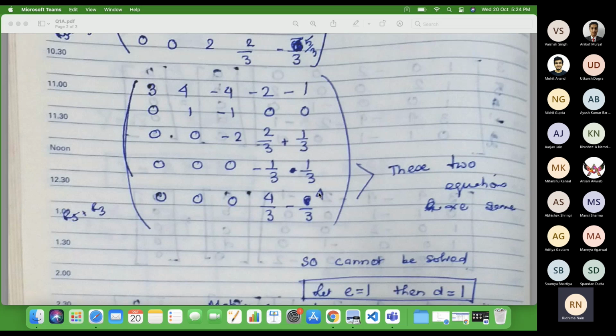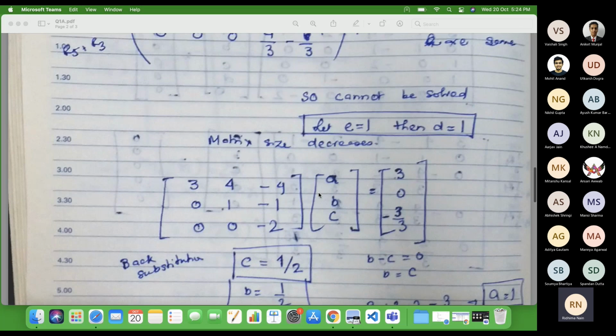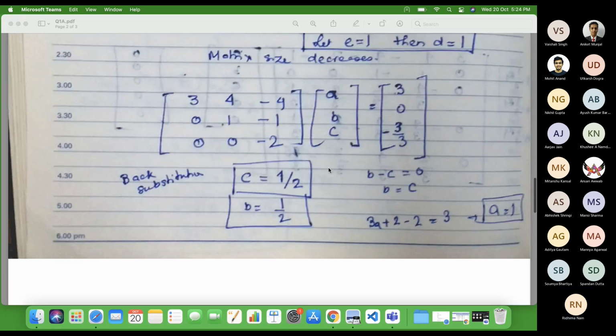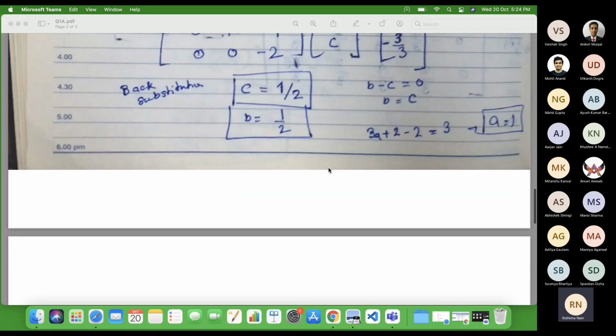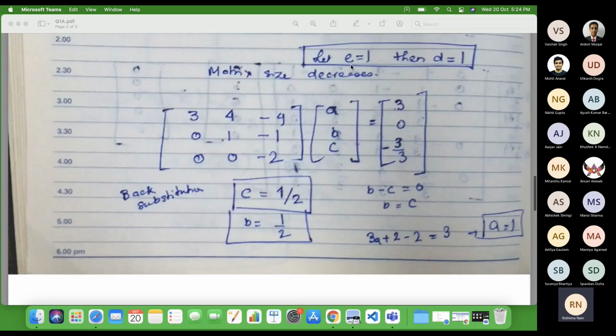So 2 marks were for this, and then finally 5 marks were given for solving these equations and getting the correct answer. So this was the correct answer. Your variables could be anything, some people have taken X, Y, Z, but this was the correct answer.